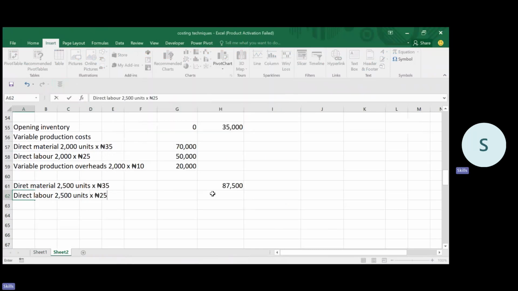So 2,500 times 25 will give us 62,500. Then the next thing is the variable production overhead for the 2,500 units at 10 naira per unit, which will give us 25,000.